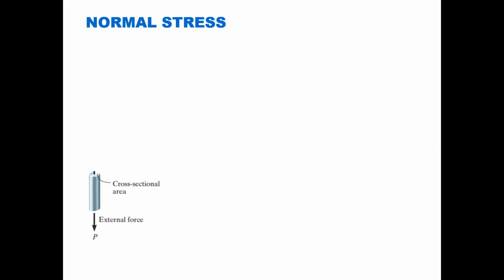You have some external force, and there is a member that's in tension, and we know from statics that there's an internal force that keeps this member in static equilibrium. If we were to sum forces in the y direction, we would see that these forces add up. They're both called P because the external force P is equal to the internal force P.